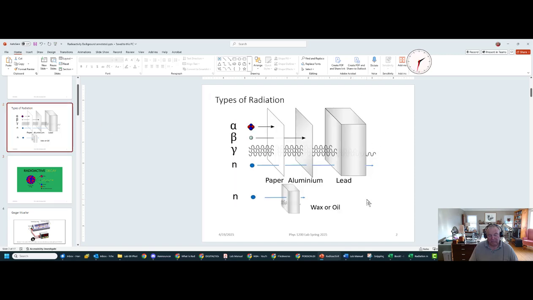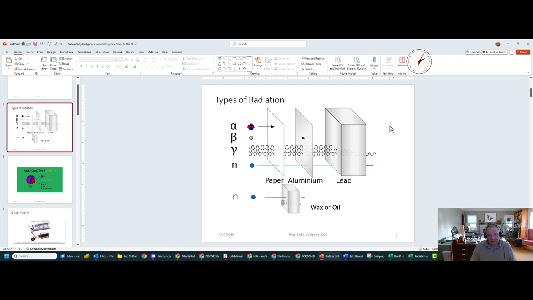And so betas are electrons, and they are very light, about 1,800 times less massive than a proton, and they only have a charge of 1. So they can travel further in air, and it takes more material to shield us from them.